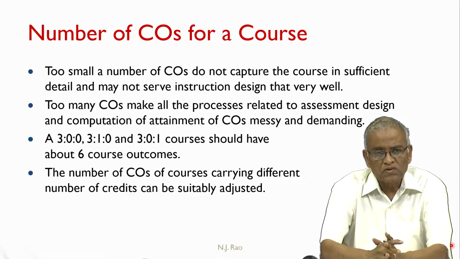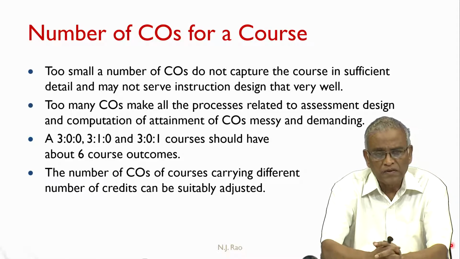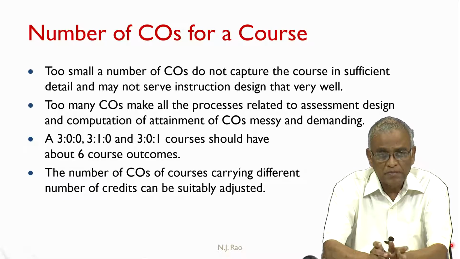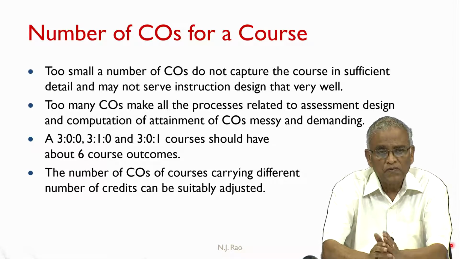So from that perspective, as I said, around 6 course outcomes is the optimal one. If a course carries different credits, for example in general programs you may even have a course like 5:0:1 or 4:0:2 as per the UGC requirements, the number of COs can suitably be altered.